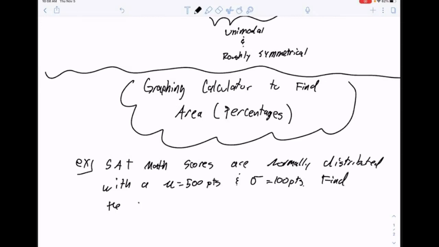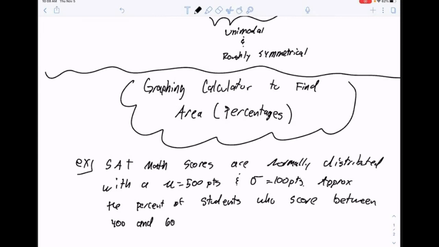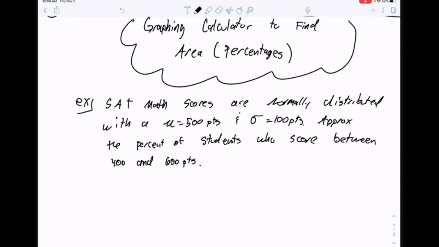Approximate the percent of students who score between 400 and 600 points. Okay.